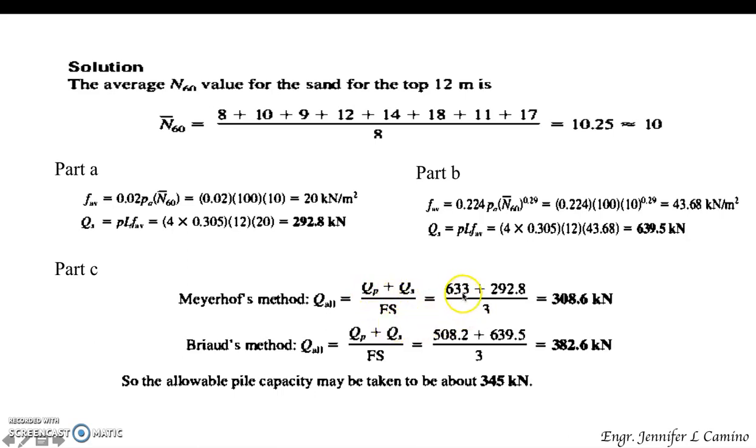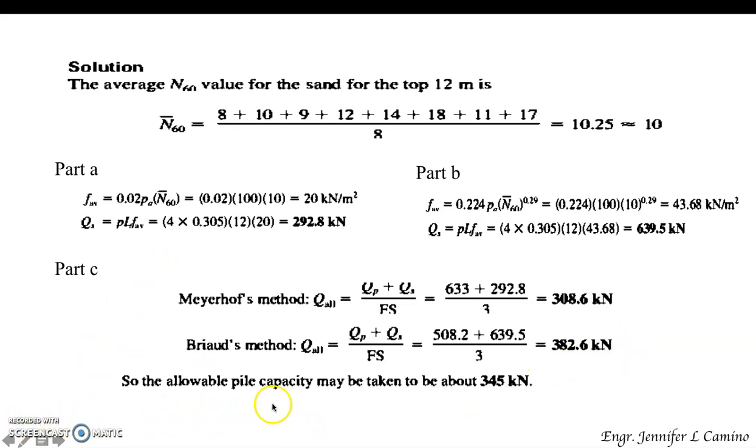From our previous problem, we have solved for our Q sub P, which is 633, plus this Q sub S, all over 3. So you have 308.6 kilonewton. Based on Briaud's method, our Q allowable is equal to 508.2, which was solved in the previous example for Q sub P, plus 392.5, all over 3, that gives us 382.6 kilonewton.